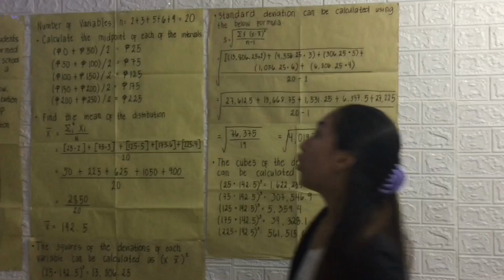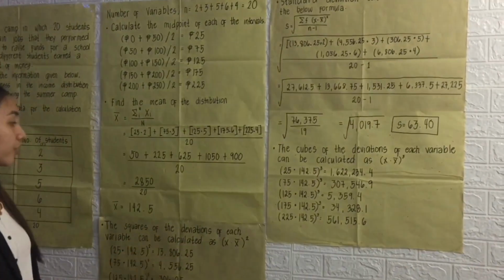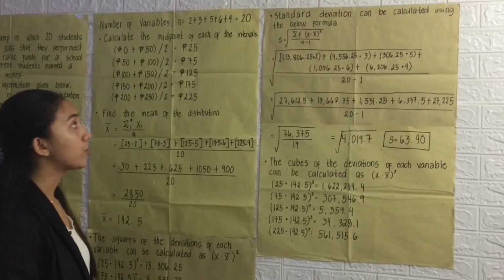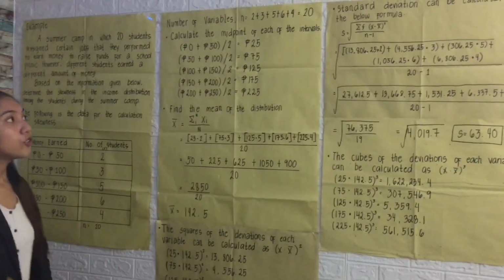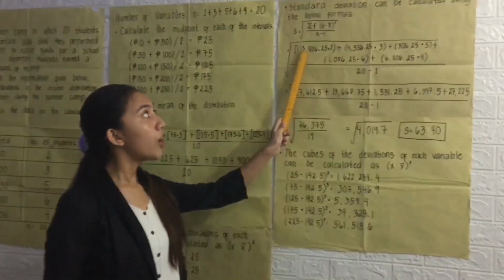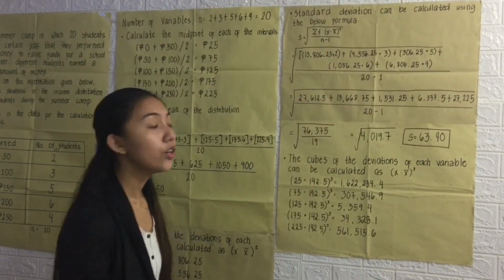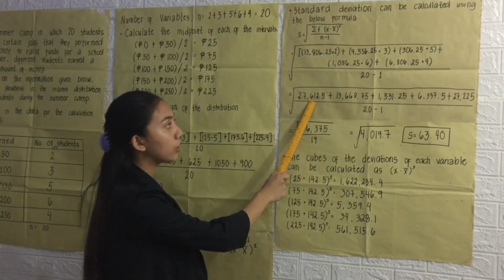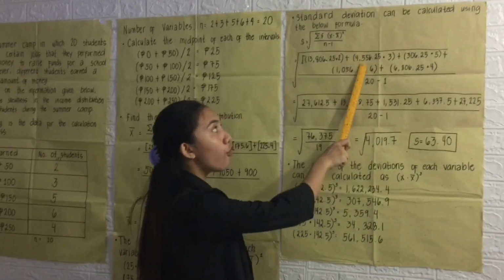So first, we will multiply the squares of the deviations of each variable and the frequencies of these data. So we have first 13,806.25 times 2 is equal to 27,612.5.